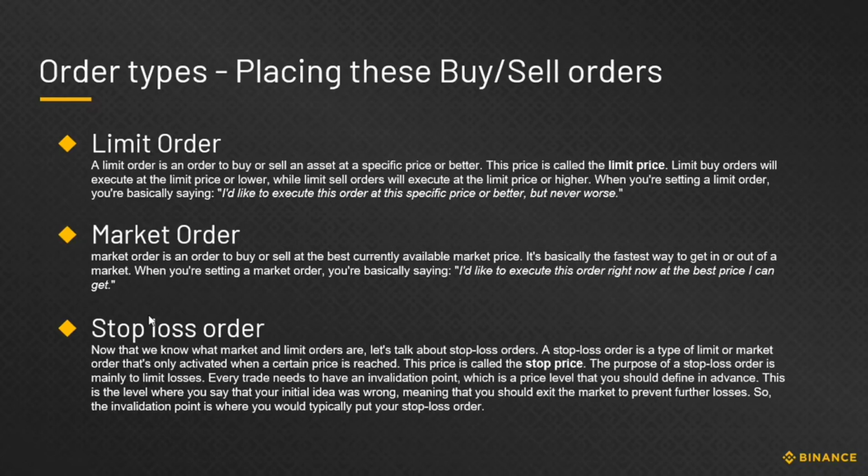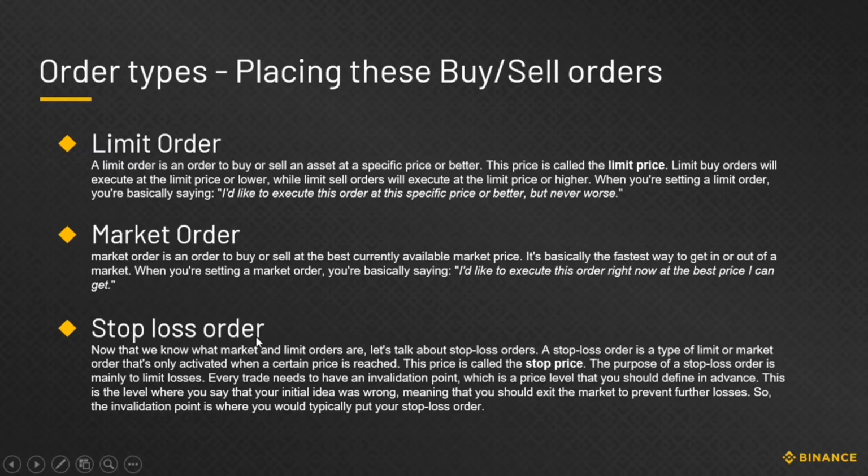If you place a market order to sell, you're simply saying, please sell this asset at the best price available in the market. Of course, the best price is from the most expensive buyer, somebody that wants to buy at a higher price. So that's what the market order does. You place an order and it gets executed instantly, using the best price available.